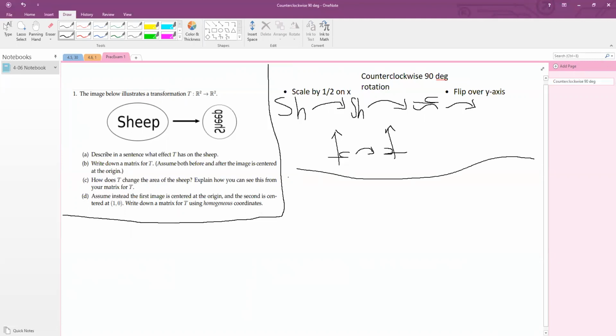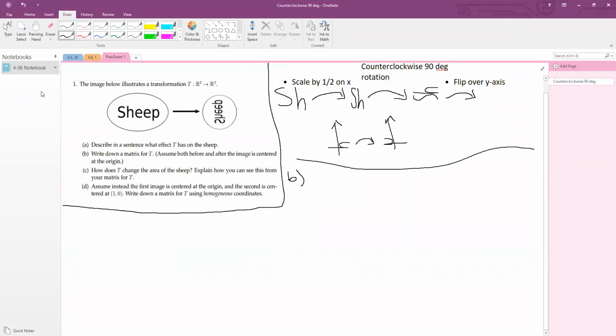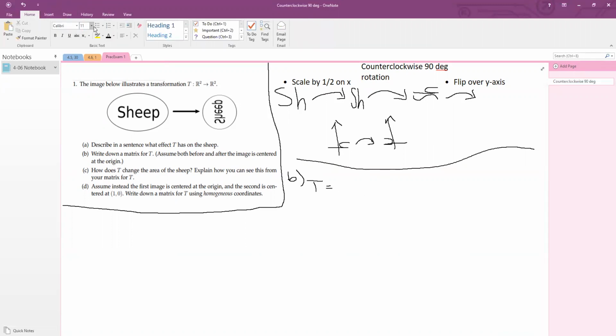So part B then wants us to write down the matrix for T. Since we're working in 2 dimensions here, we can make T out of 2-dimensional matrices. First we need to think about what order we want this to be in. That's actually pretty important here because transformations have a weird order to them.